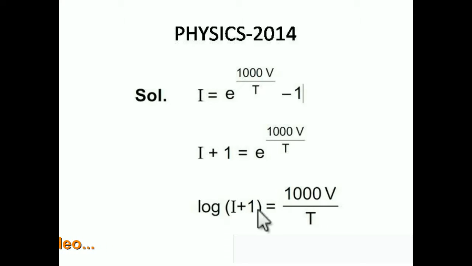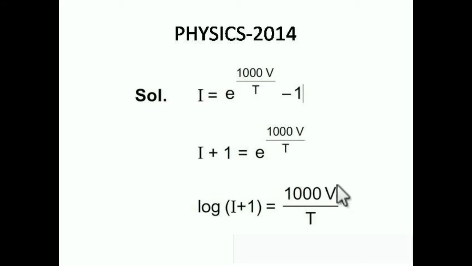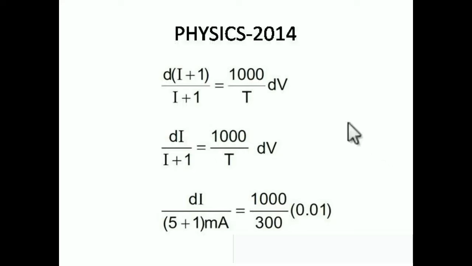Here it is log of (I plus 1), so its differentiation is 1 upon (I plus 1), times d of (I plus 1). Now at the right hand side, 1000 V by T, the T is constant, so 1000 by T is also constant, and V's differentiation, its error, is dV.